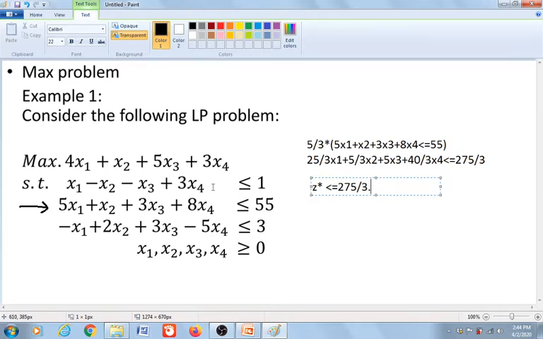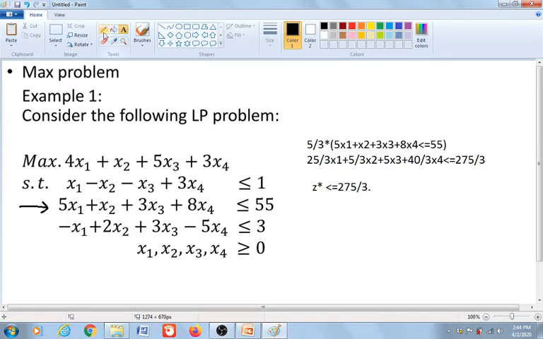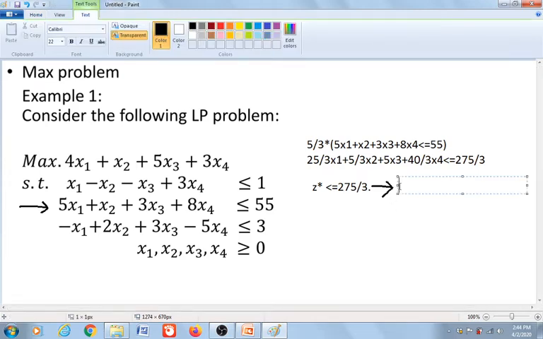So we can say that this 275 over 3 is an upper bound of z star.